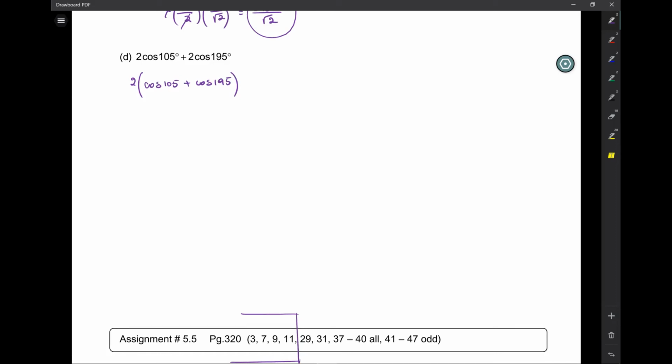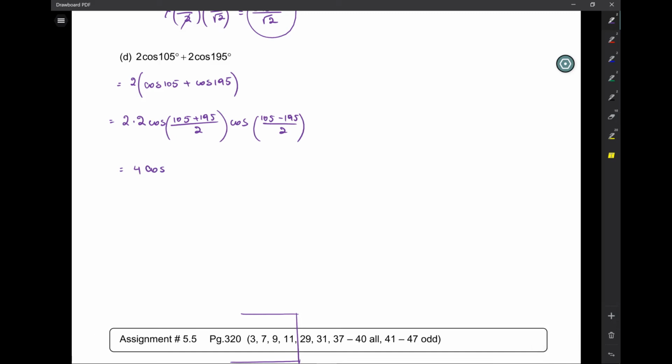So now I have a 2 here that stays, times the identity itself has another 2 that I put in here. Then I have cosine of a plus b over 2, cosine of a minus b over 2. This is 4 cosine of 105 plus 195.